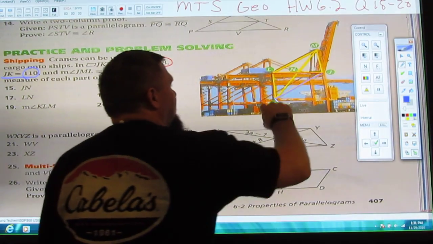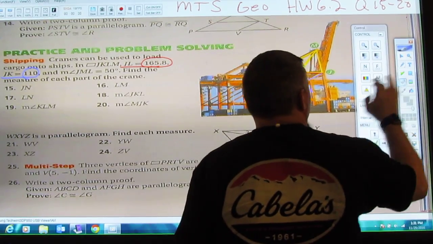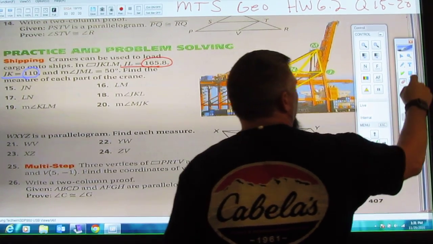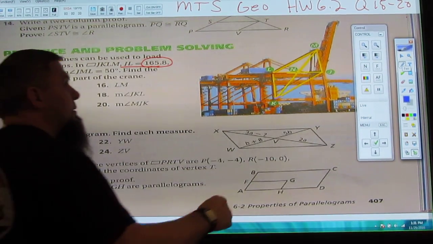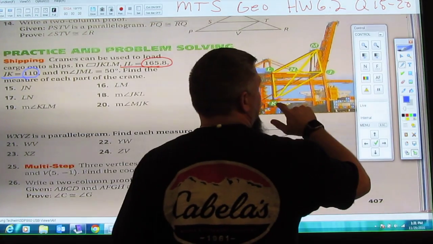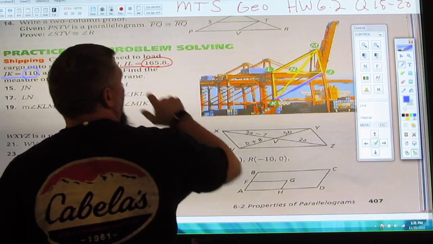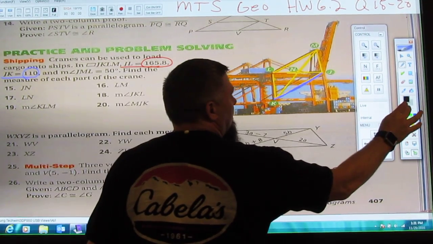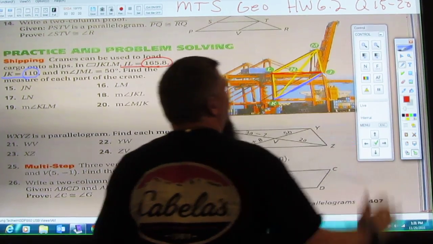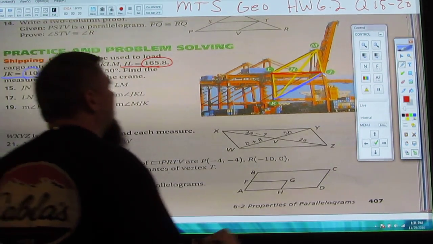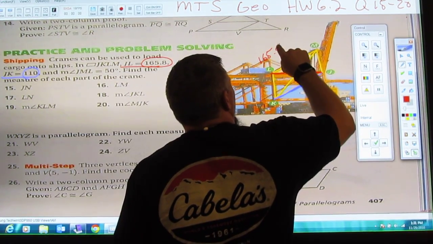Alright, so this is 110. 110, right? This is problem number 15. Right? I'm still blue. And then red. And the red one was 165.8.